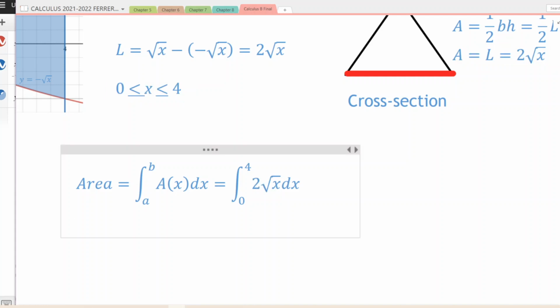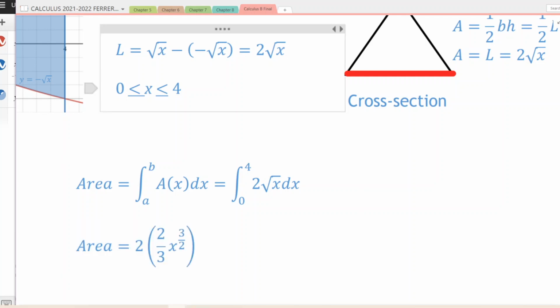So now this gets to the calculus part. This is actually the easiest part of this entire thing. Let's find our antiderivative of 2 square root of x. Square root of x is x to the 1/2, and 1/2 plus 1 is 3/2. So the antiderivative is 2/3 x to the 3/2, and we're going to run this from 0 to 4.